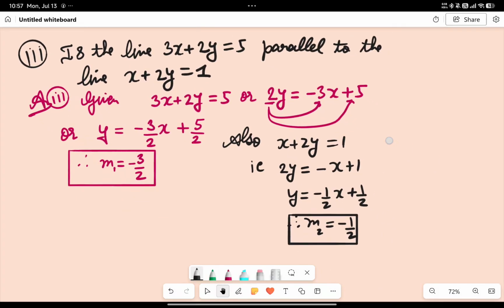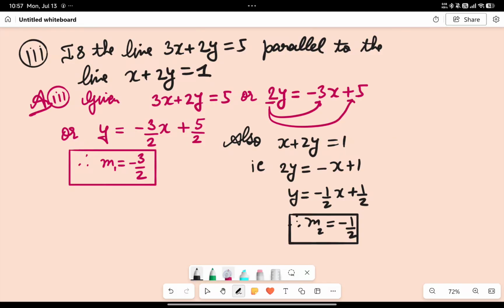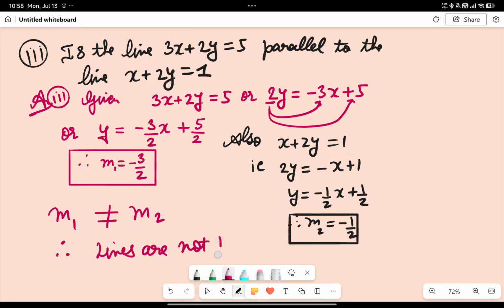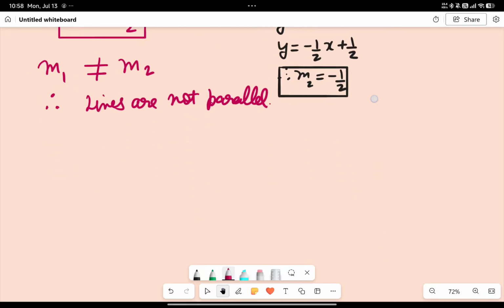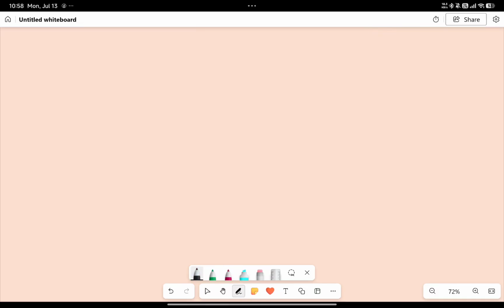Now m1 is not equal to m2. Therefore, lines are not parallel. That's all. Moving to the next part, fourth part.